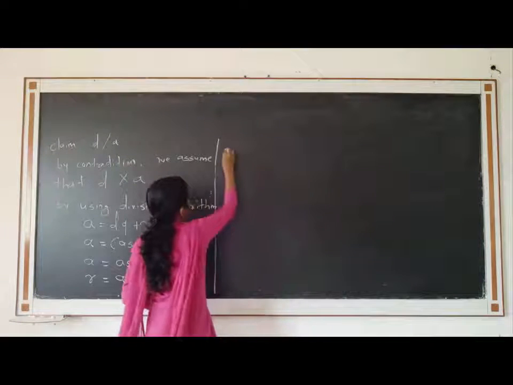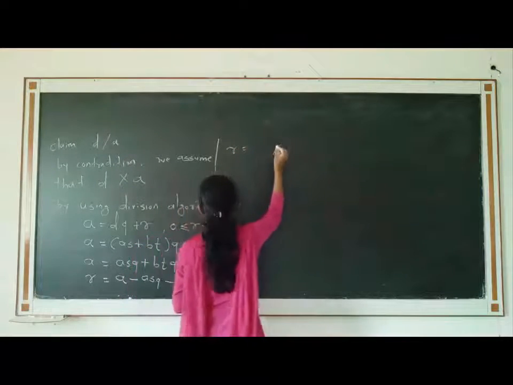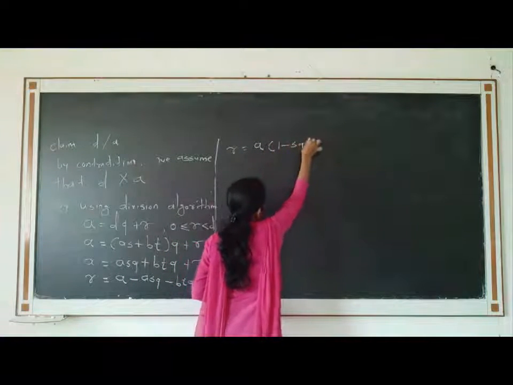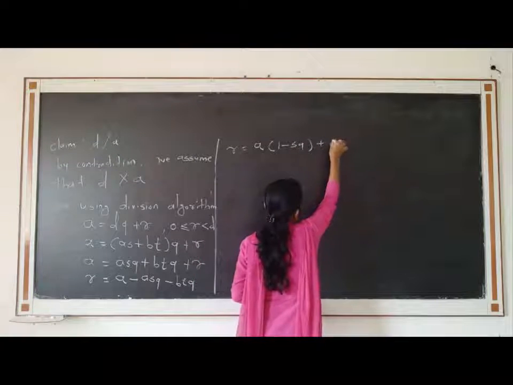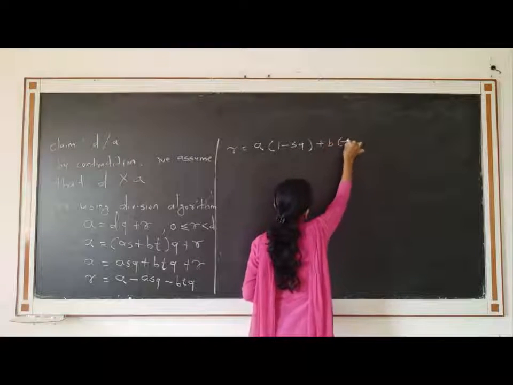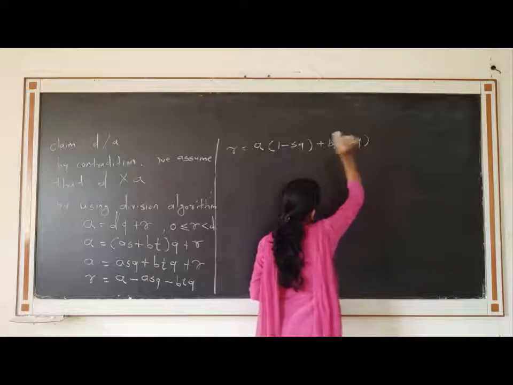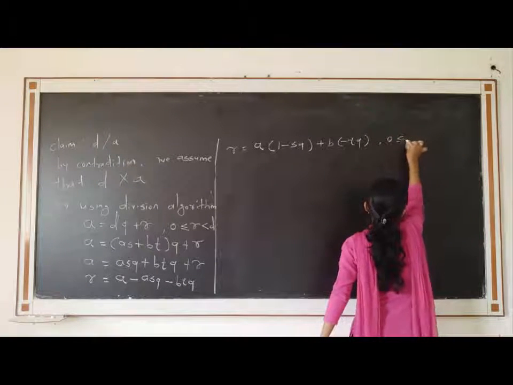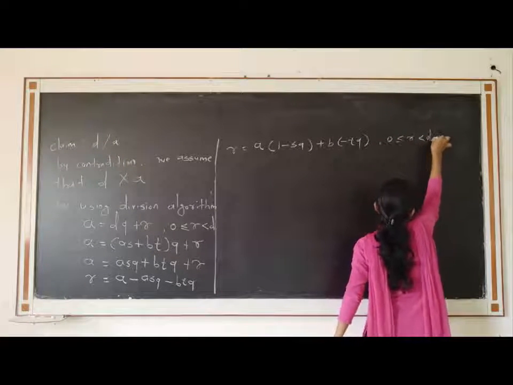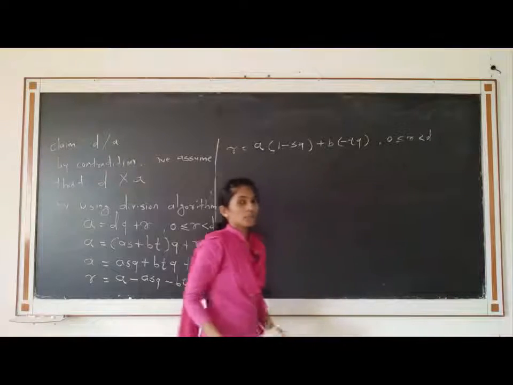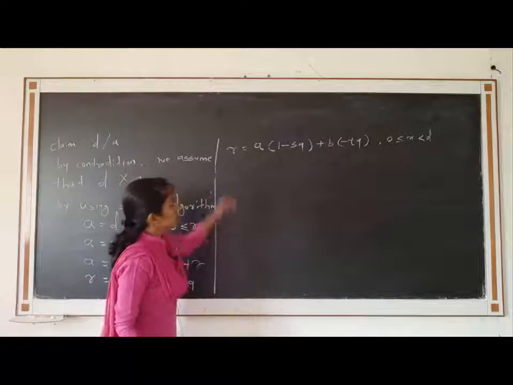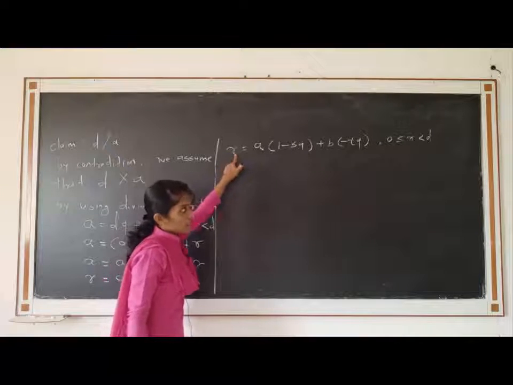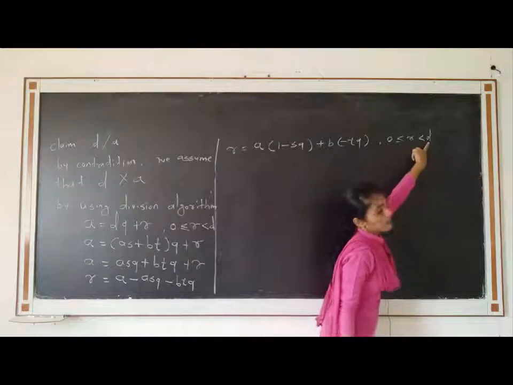Here we get R equals, taking A common, A times (1 minus SQ) plus B times (minus TQ), where 0 is less than or equal to R less than D. So here by the division algorithm we get R is smaller than D.